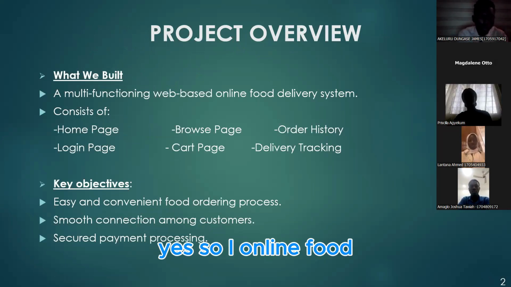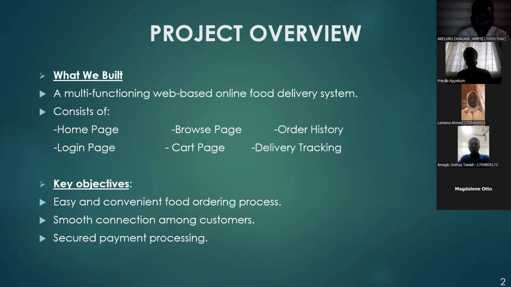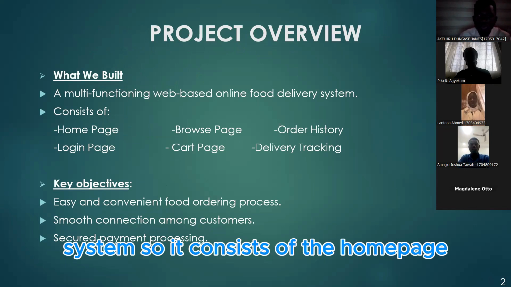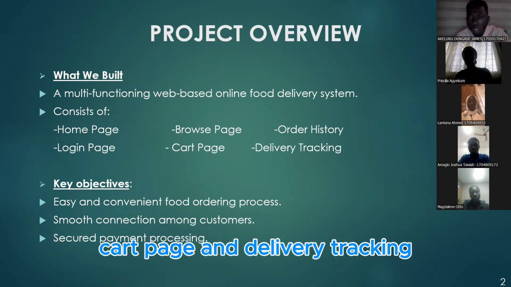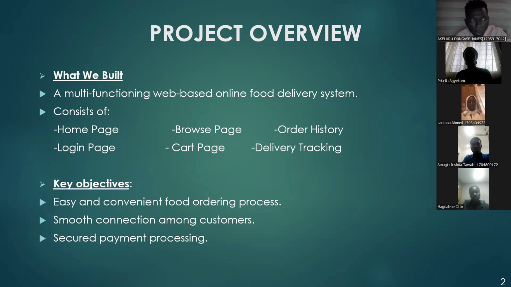Our online food system consists of the home page, the browse page, the order history, login page, cart page, and delivery tracking.